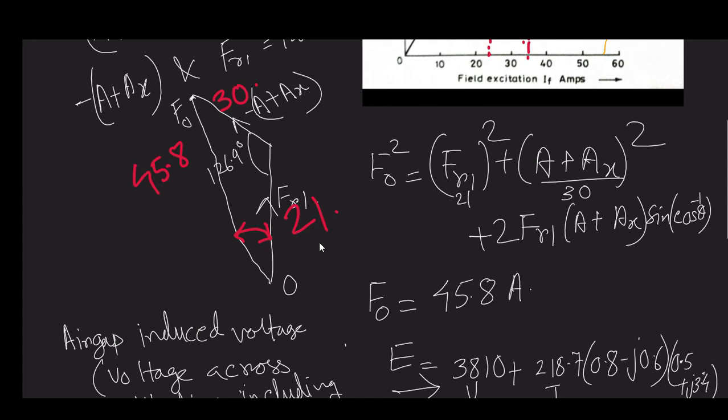So this one is becoming that, and that is your power angle, right? So as per this ASA method, your power angle is 31.6 degree.